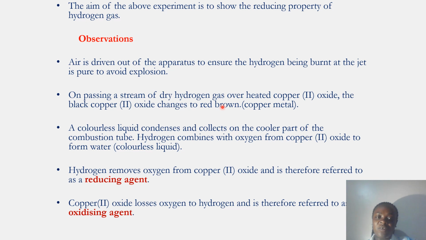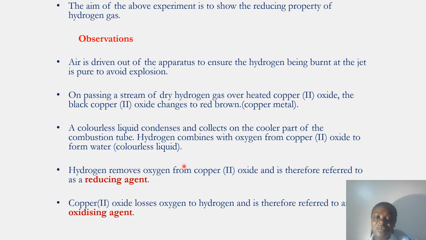So that would have confirmed that the hydrogen that we have passed through the copper-2 oxide has reduced it to copper metal. So the red-brown substance formed there is copper metal. Then a colorless liquid condenses and collects at the cooler part of the combustion tube. We have said that the colorless liquid is water.